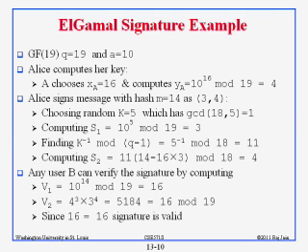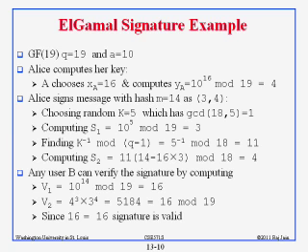Then you can compute S2 as k inverse times (m minus XA times S1). S1 is 3, times XA, which was 16. So S2 is 4, S1 is 3, and you send 3, 4 as the signature.